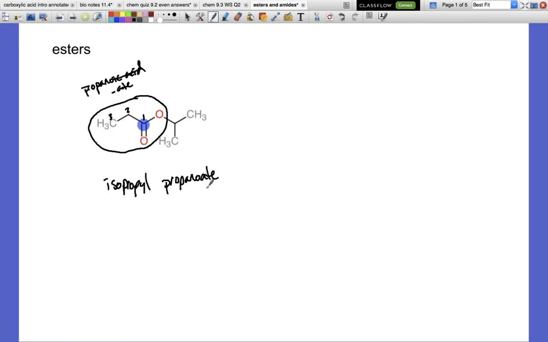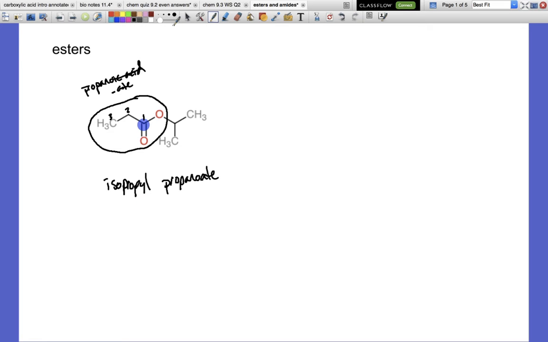I typically would go straight to propanoate. I wouldn't call it a propanoic acid first, but maybe you have to go through those steps to figure out how to name that thing. But otherwise, the other branch over here came from an alcohol. It came from an isopropyl alcohol, so I use that isopropyl as my substituent name here, branched off of my propanoate.